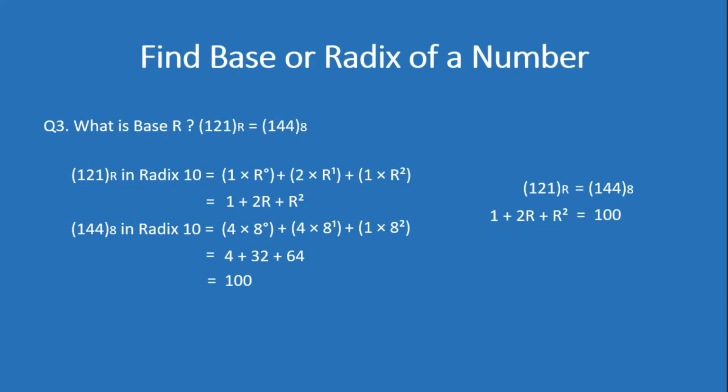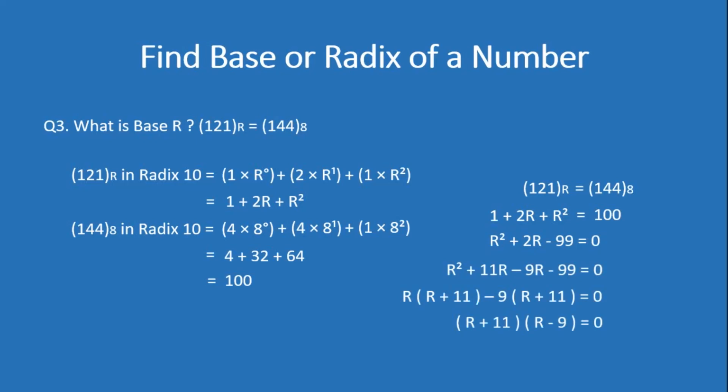Now we will solve this equation. r square plus 2r minus 99 equal to 0, and after solving this equation we get r equal to 9 and minus 11.